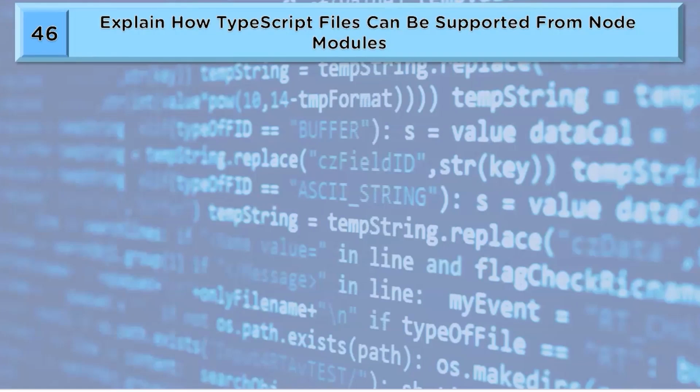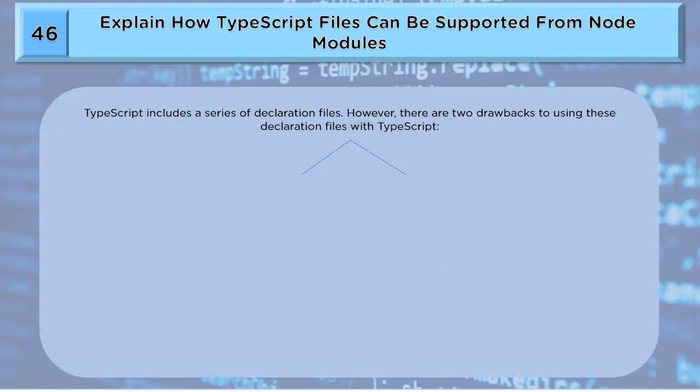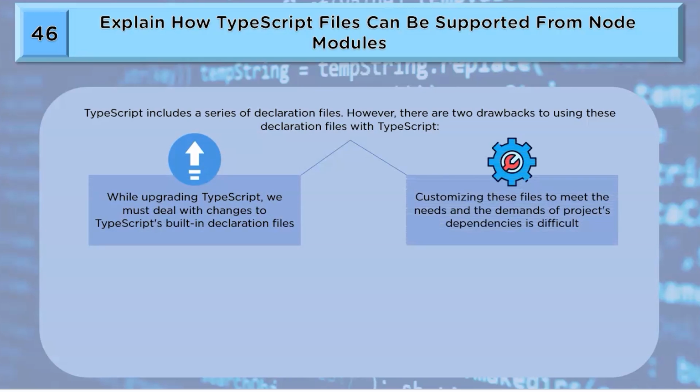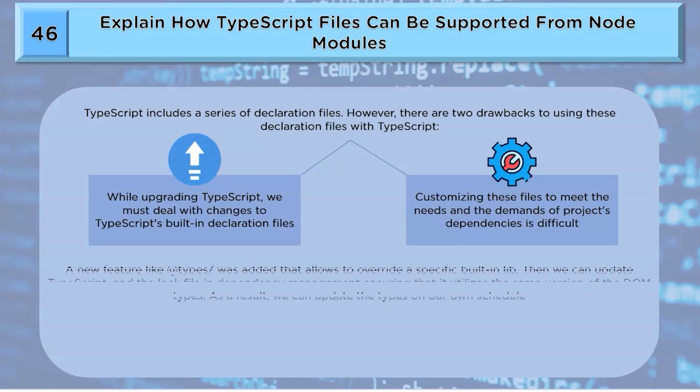Explain how TypeScript files can be supported from node modules. TypeScript includes a series of declaration files. However, there are two drawbacks to using these declaration files with TypeScript. One is, while upgrading TypeScript, we must deal with changes to TypeScript's built-in declaration files. And the other is, customizing these files to meet the needs and demands of project dependencies is difficult.